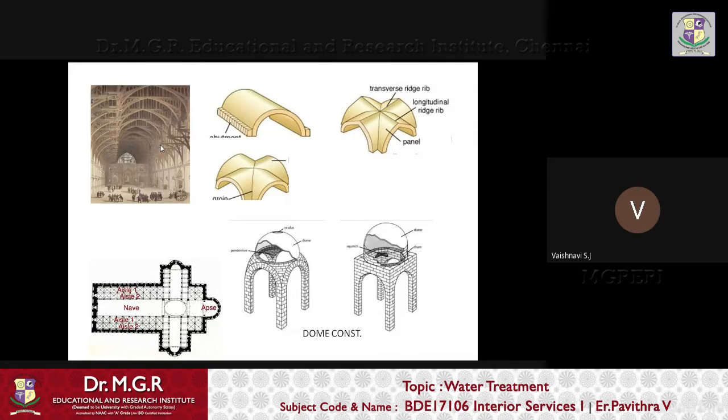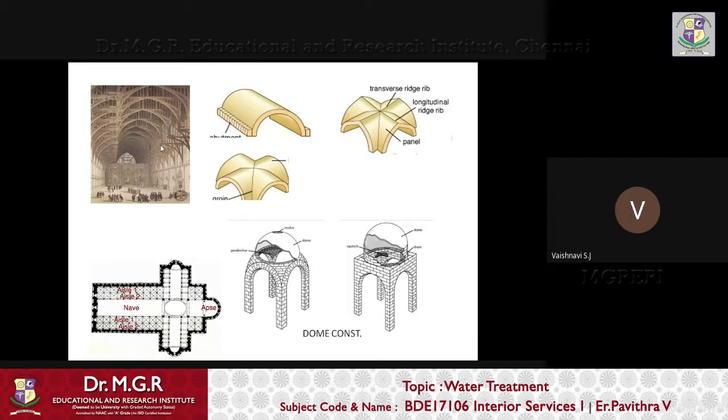What is that material? Wood, ma'am. Correct. Timber roofing. So, Romanesque style has timber roofing. Paripurni again, Shiny, and Harika, ma'am.